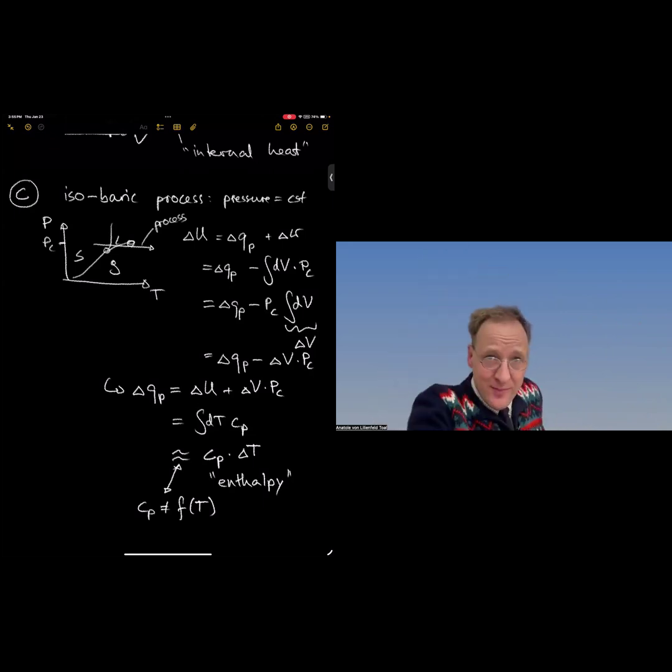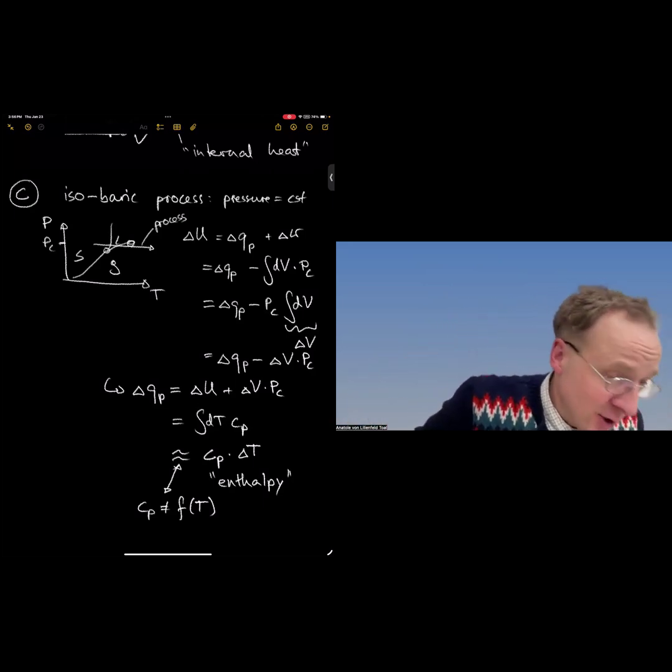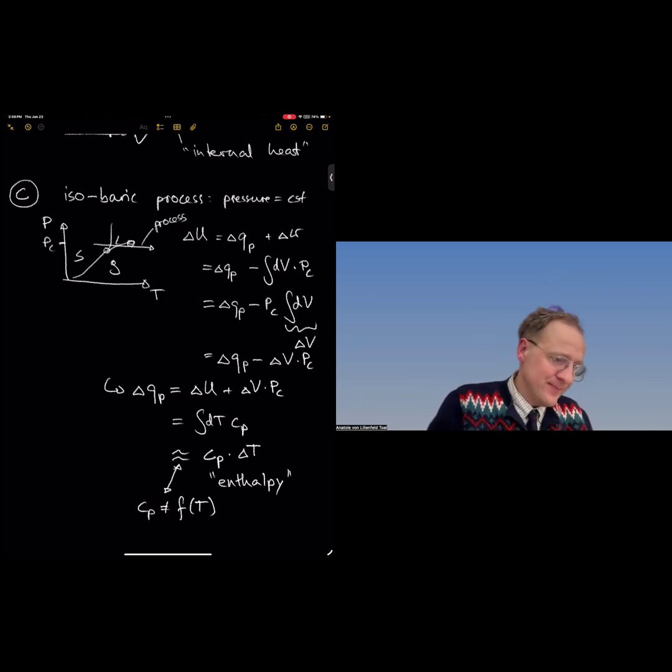Another question: why the work was negative for the isobaric process, but not for the isothermal one? So that's a convention, right? If you change the direction of your process, it goes the other way around. So don't worry too much about that.